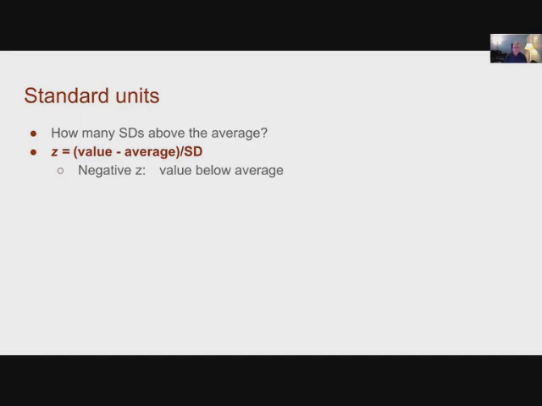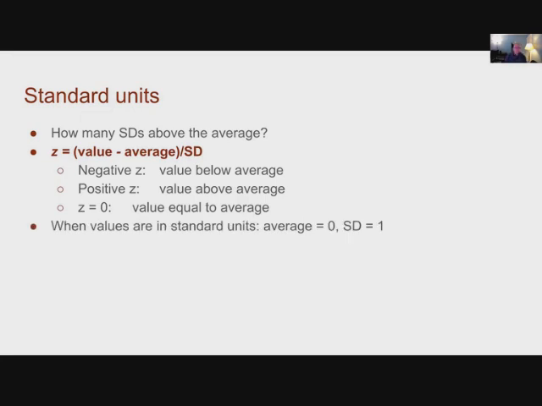A negative z means that value is below average. A positive z means it's above average. And if z equals 0, it's equal to our mean, not median, mean.